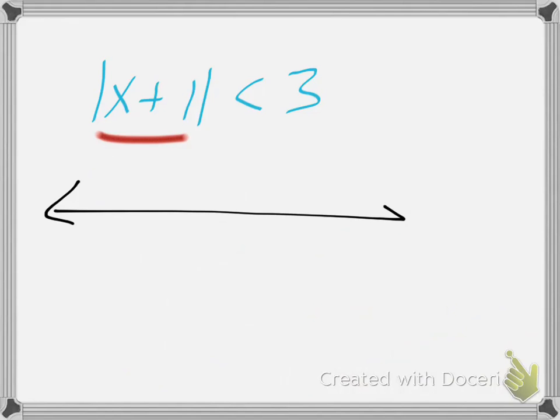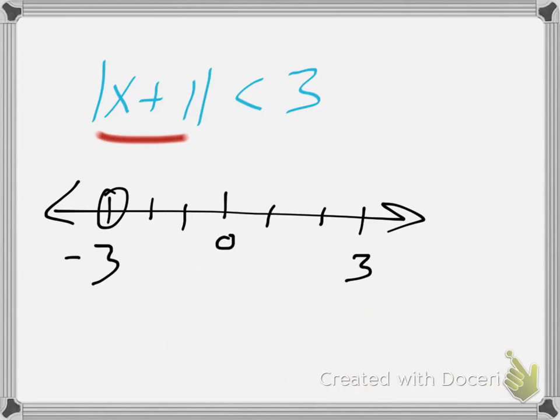Alright, let's keep going. What about when we have the absolute value of x plus 1 is less than 3? We know that the absolute value has to be less than 3. So if we drew a number line just for this, it would look like this: 0, 1, 2, 3, and -1, -2, -3.